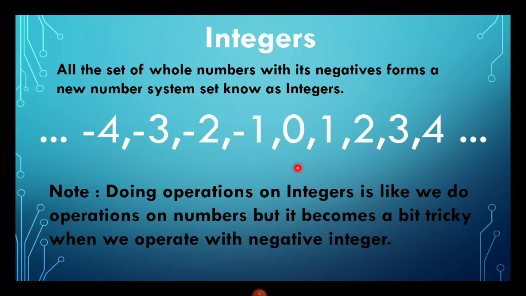And let me tell you something. From 1 till positive infinity is called positive integers. From -1 to negative infinity is called negative integers, and 0 is neither a positive nor a negative integer. I hope that this is clear now.